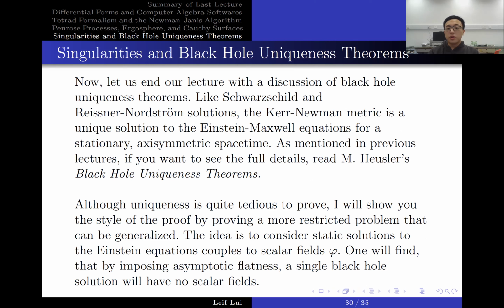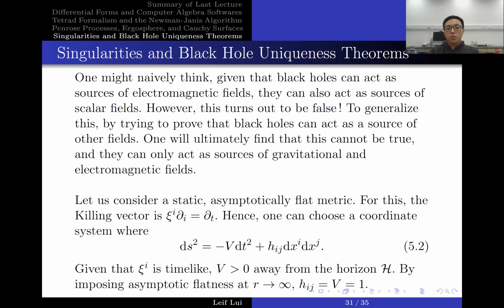The idea is to consider a static solution to the Einstein equations coupled to scalar fields. One will find that by imposing asymptotic flatness, a single black hole solution will have no scalar fields. So one might naively think that given a black hole can act as a source of electromagnetic fields, it can also act as a source of scalar fields.